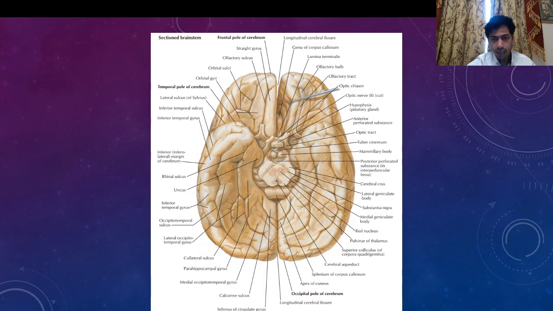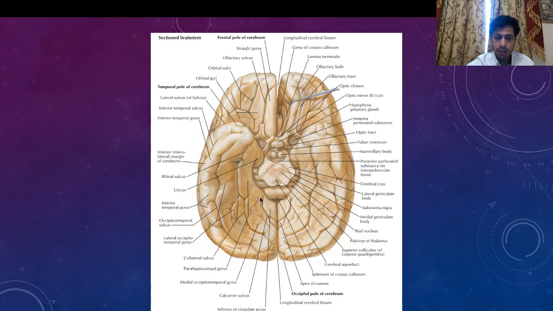So once again, this is a caudal view, a caudal sectioned view of the brain. And as I said, the calcarine sulcus is best visualized from an inferior view. So if you just follow my mouse, it is right here.